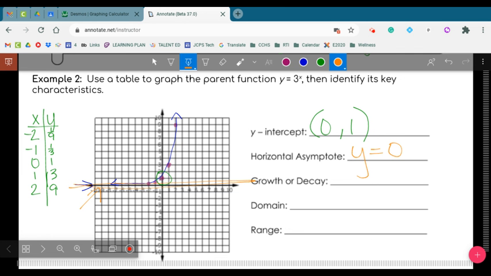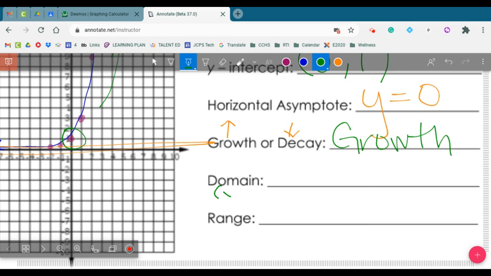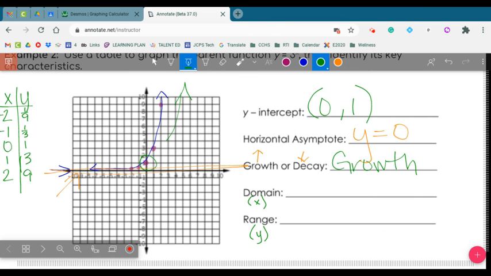Now this one, growth or decay. So growth, it's increasing. Decay, it's decreasing. So this one we can see that it's going up. So it's growth. Now if you guys remember, our domain is our x and our range are our y values. So on this one, our x values, it's going to keep going in both directions forever.